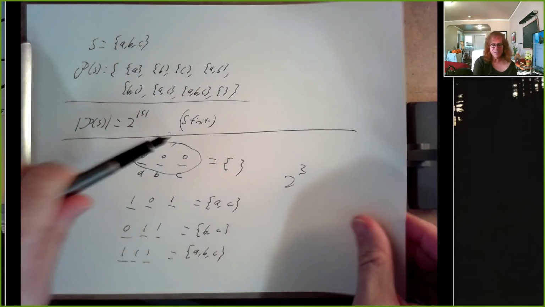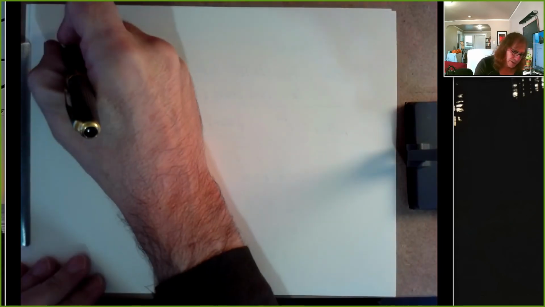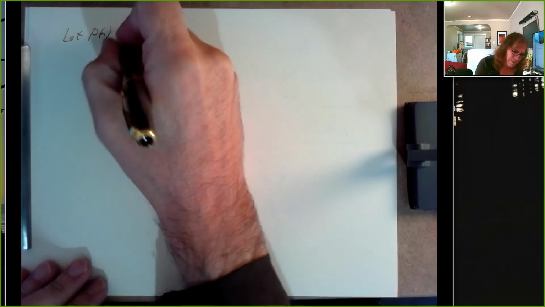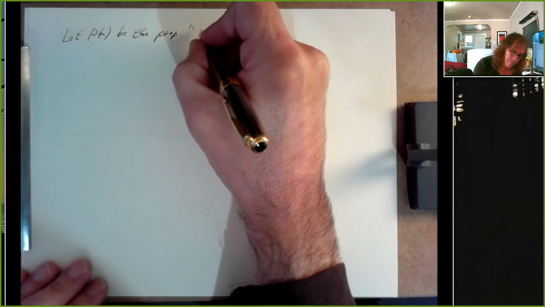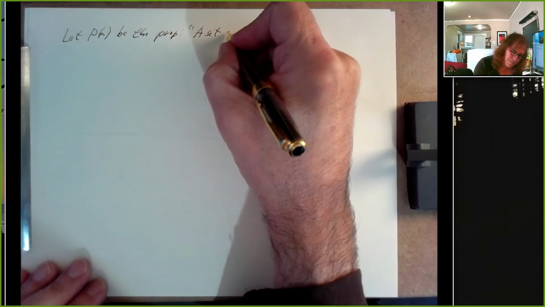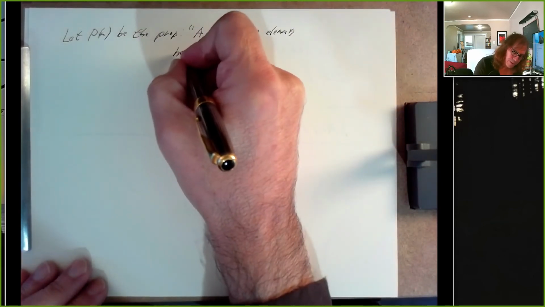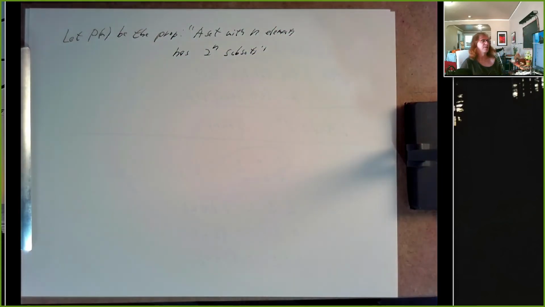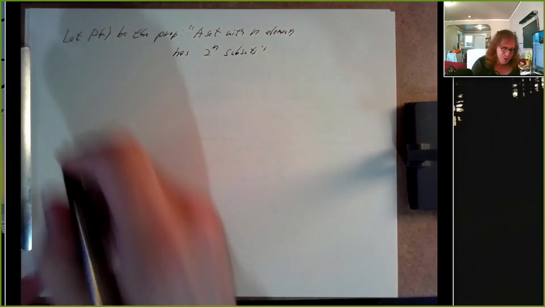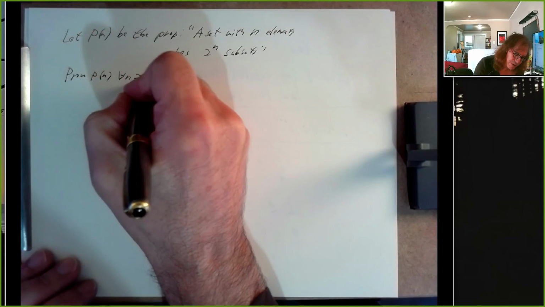But let's prove this using mathematical induction. Let P of n be the proposition: a set with n elements has 2 to the n subsets. We want to prove P of n for all n bigger than or equal to 0.